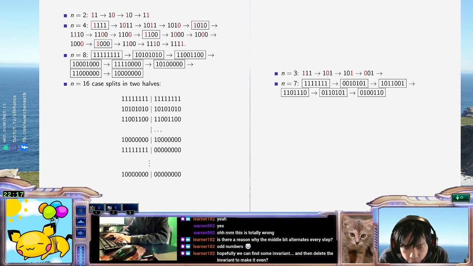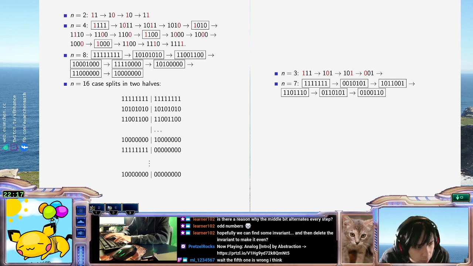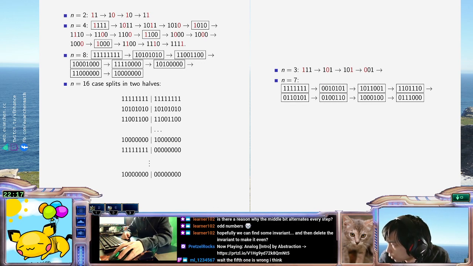I feel like I don't reach the state I want quickly enough. The 5th one is wrong. 1, 2, 3, 4. Okay, yeah, 0, 0. Yeah, this should be 0. Okay, thanks. That first bit is... I should write... okay, whatever.